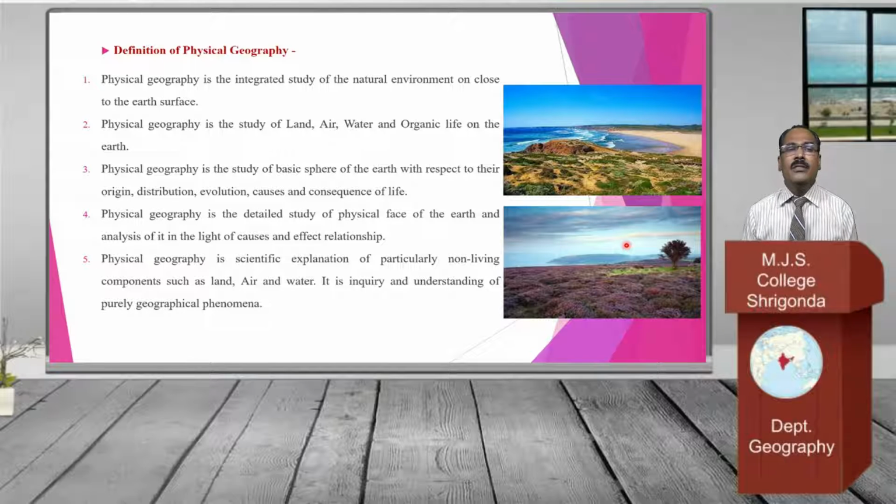And the last definition of physical geography: physical geography is the scientific explanation of particularly non-living components such as land, air and water. It is an inquiry for understanding particularly geographical phenomena.